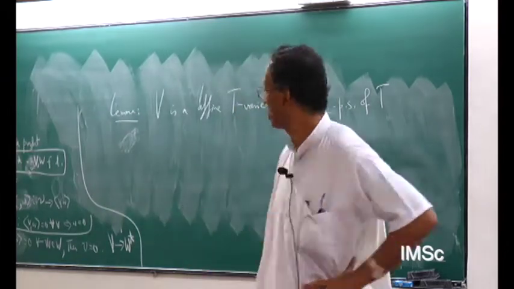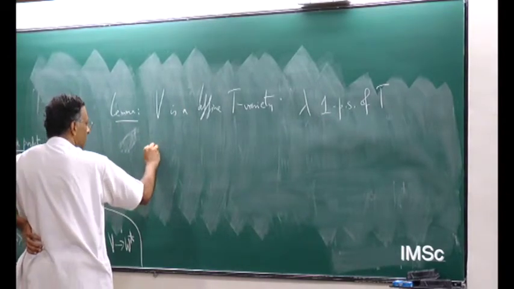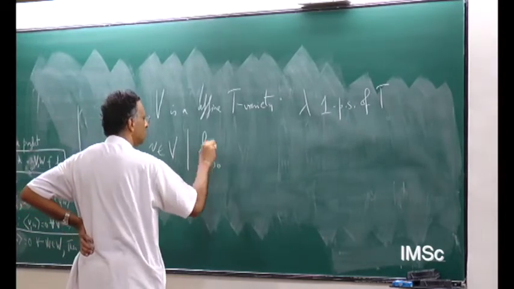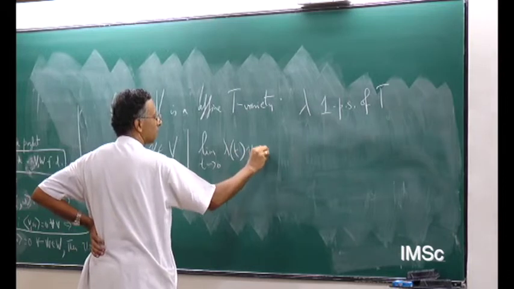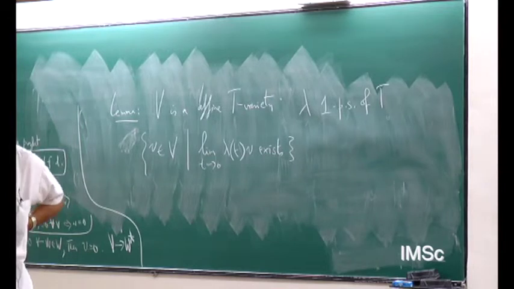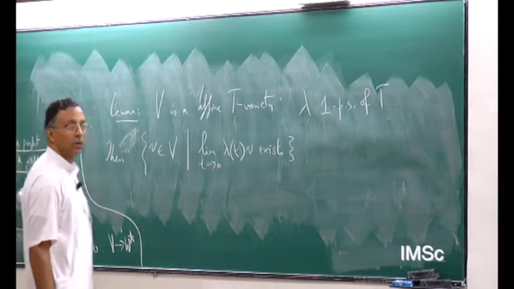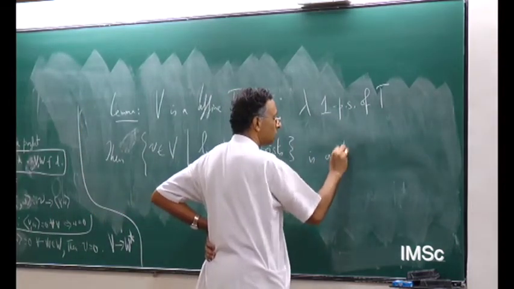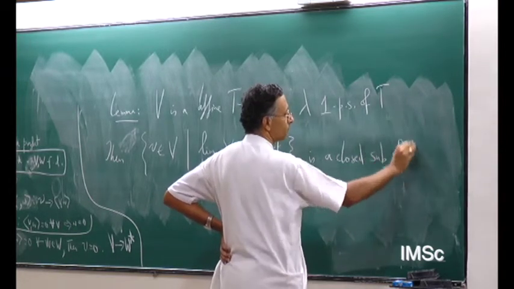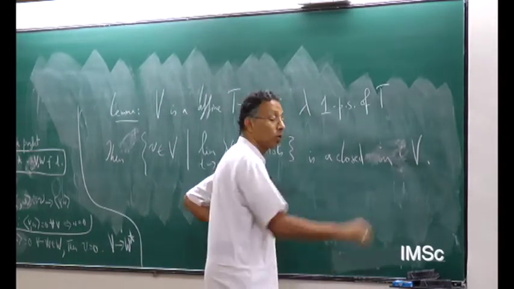Then the set of V in V such that the limit as T goes to 0 of lambda T V exists is a closed subvariety, closed in V.